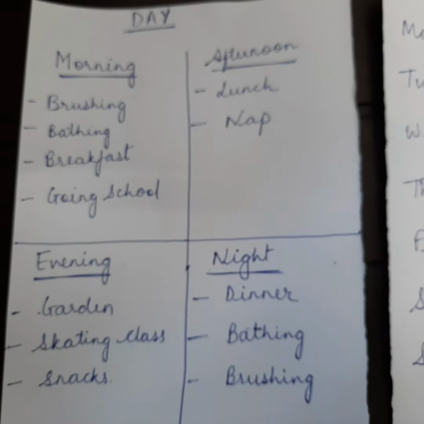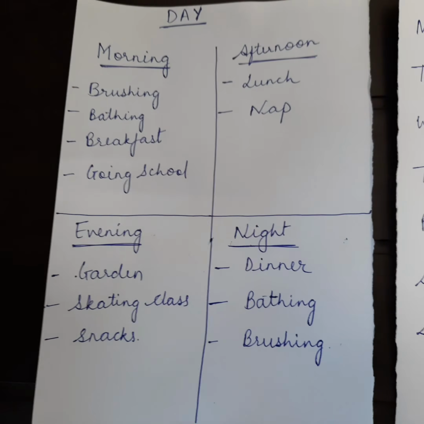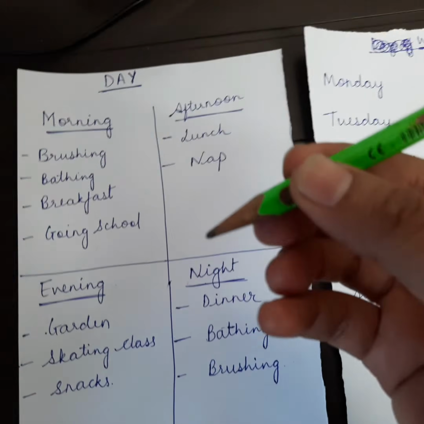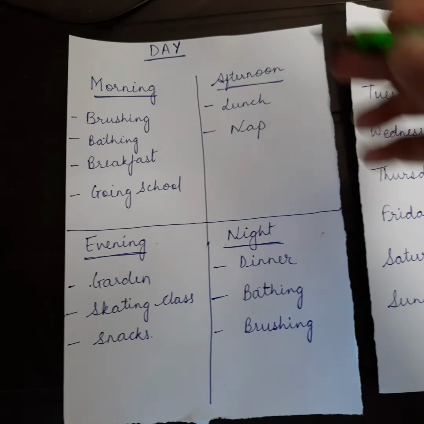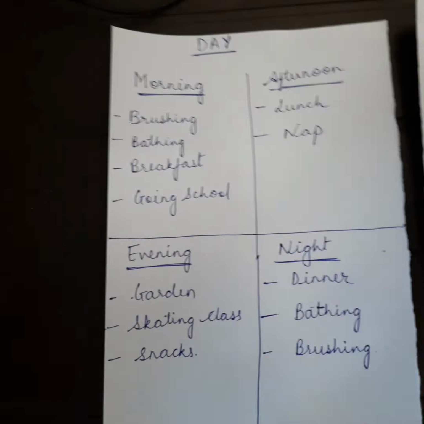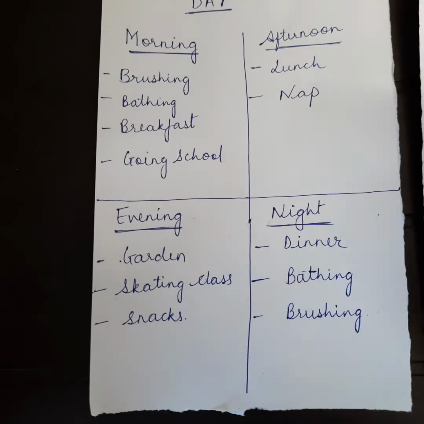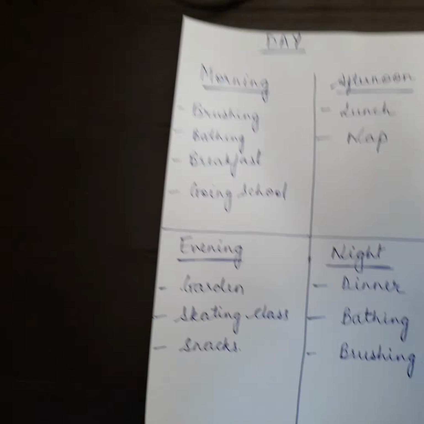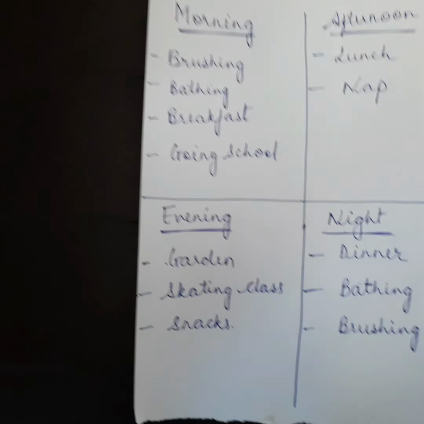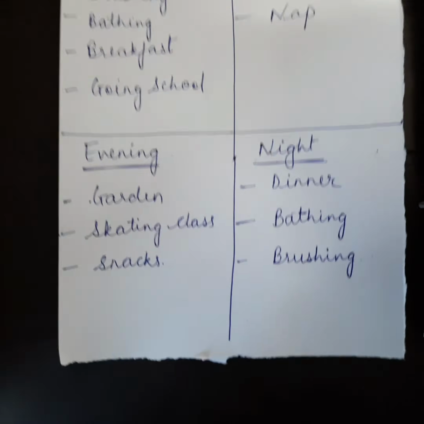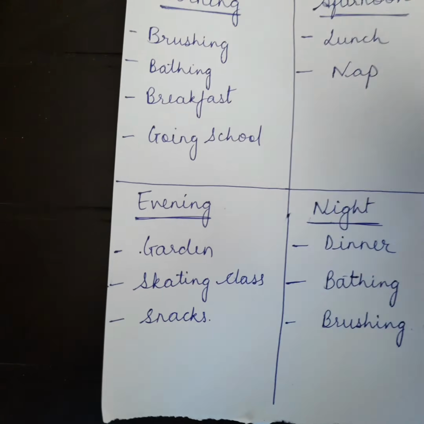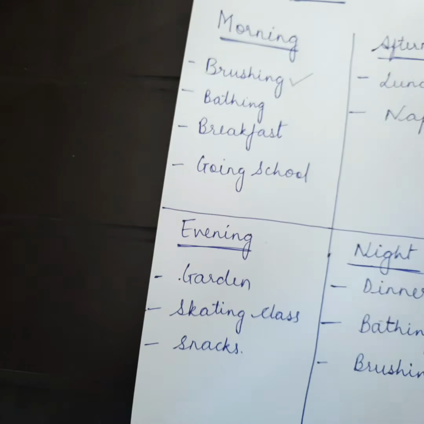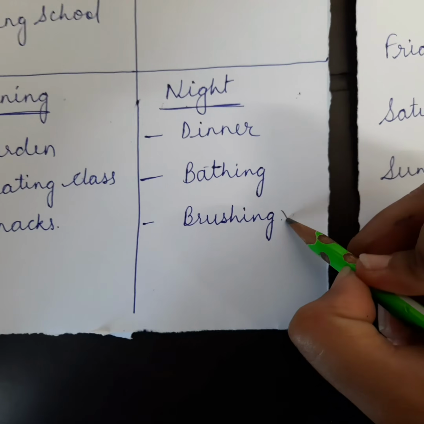Let's assume we want to teach a child how often you brush. We can give a pencil to the kid and ask the kid to tick mark the required details. If I ask how often you brush, he knows that brushing is done in the morning and at night, so he will tick mark morning and night.